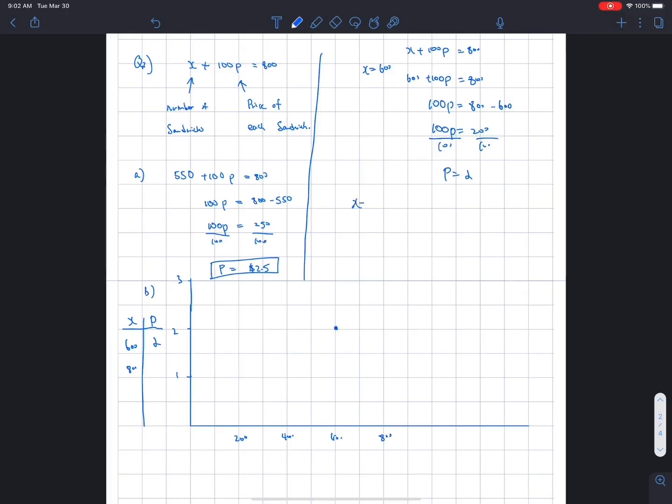And then when x equals 800, we get 800 plus 100p equals 800. 100p equals 800 minus 800. 100p equals 0. Divide both sides by 100, we get p equals 0. So there, we have those 2 points. Now we can connect them with a straight line.